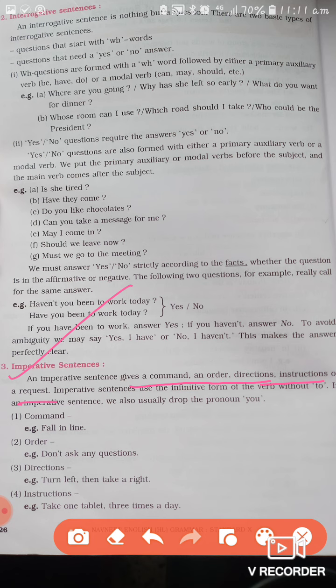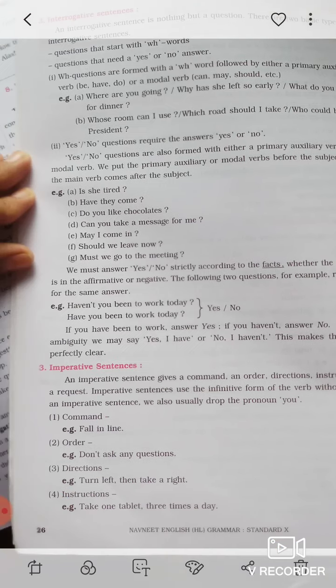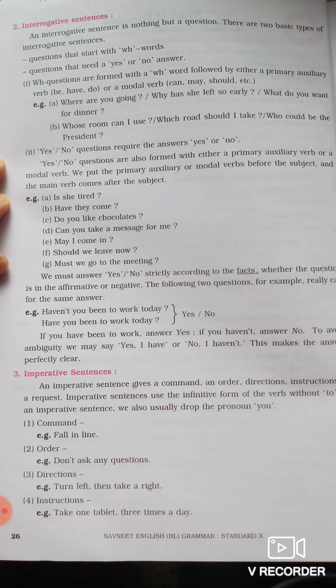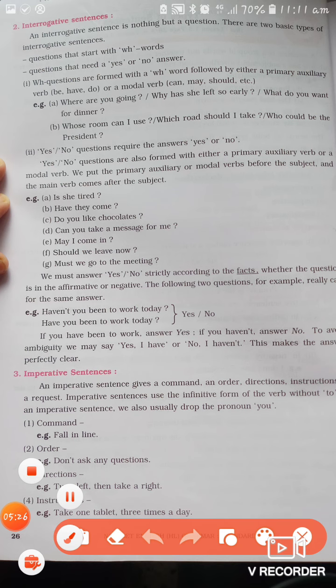Imperative sentences use the infinitive form of the verb without to. We also usually drop the pronoun you. Drop the pronoun you means we don't take that word in a sentence.